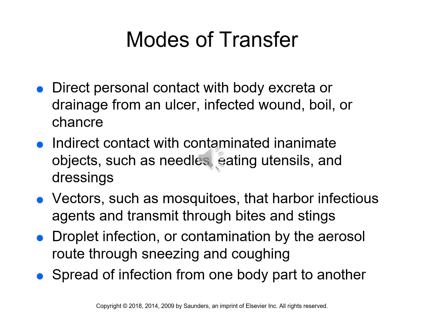Or indirect can also be via a vector. And a vector is something like a mosquito, a flea, a tick, or something like that that could transport an infectious agent. Or it could be airborne transmission.